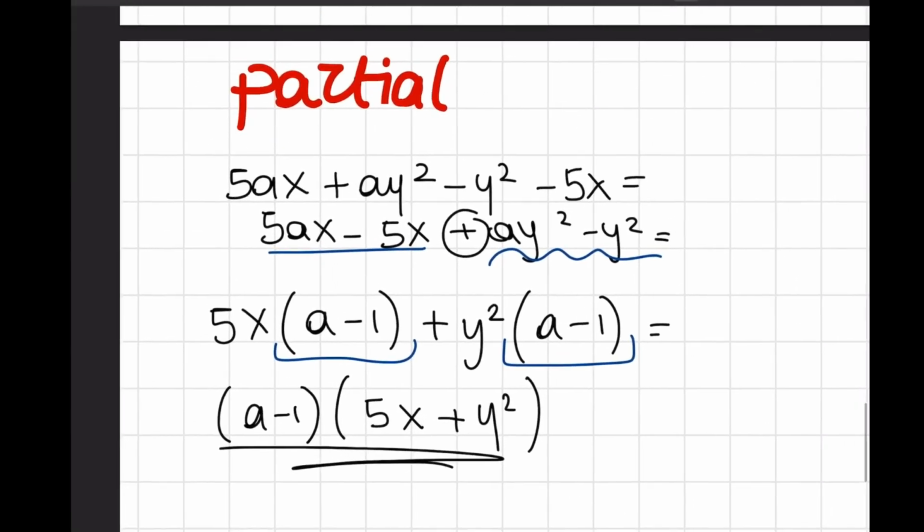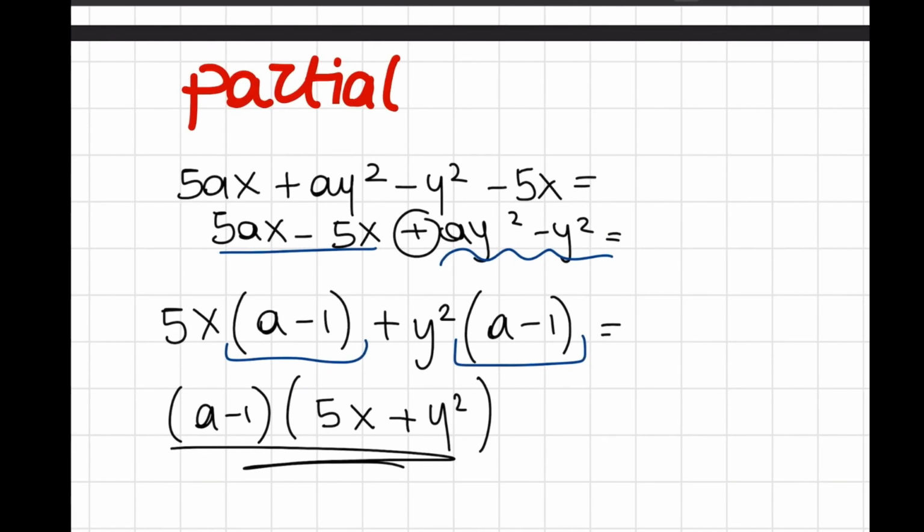A particular thing in this partial factorization is that I always consider partial factorization as being somehow a step to reach complete. Because in the first example, we did complete factorization, isn't it? Because there was a term that was common for the whole polynomial.